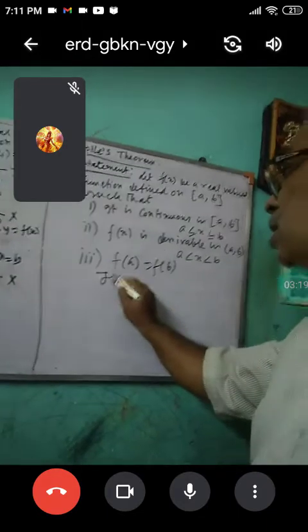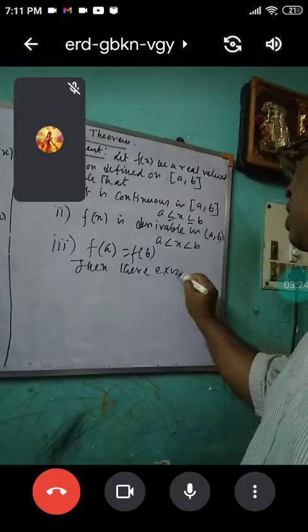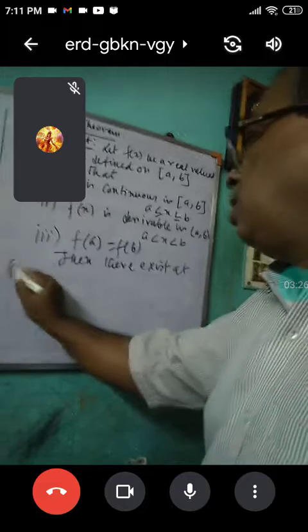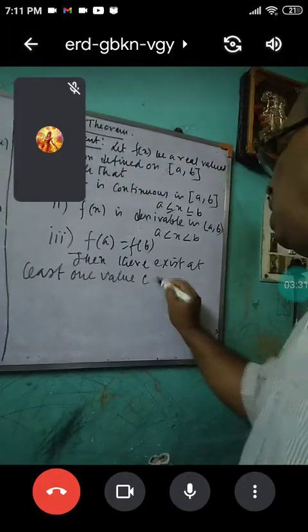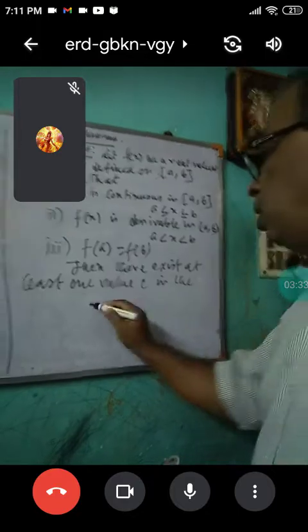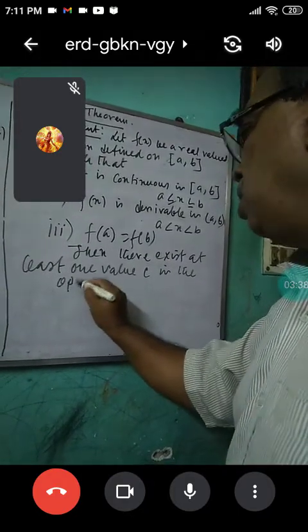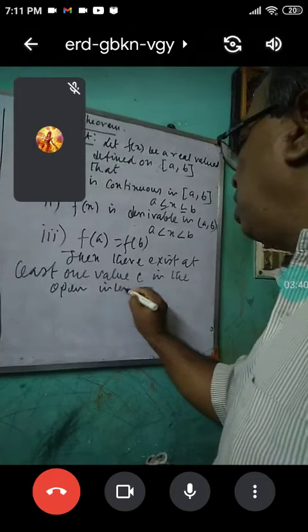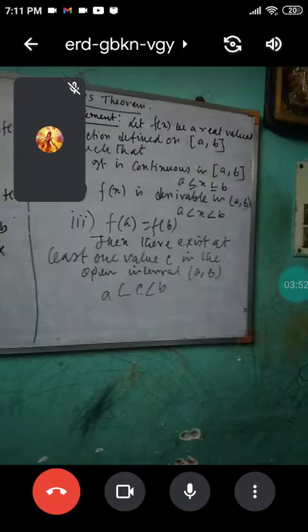Then there exists at least one value c in the open interval (a, b), that is, c lies between a and b.